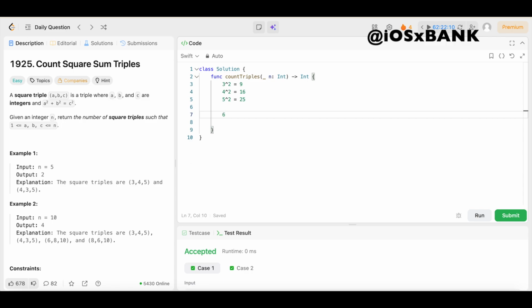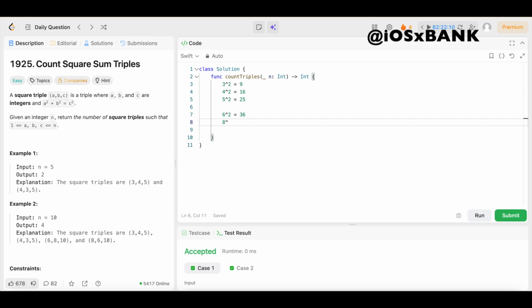So 6 squared is going to equal 36. Then 8 squared is going to equal 48, I believe.